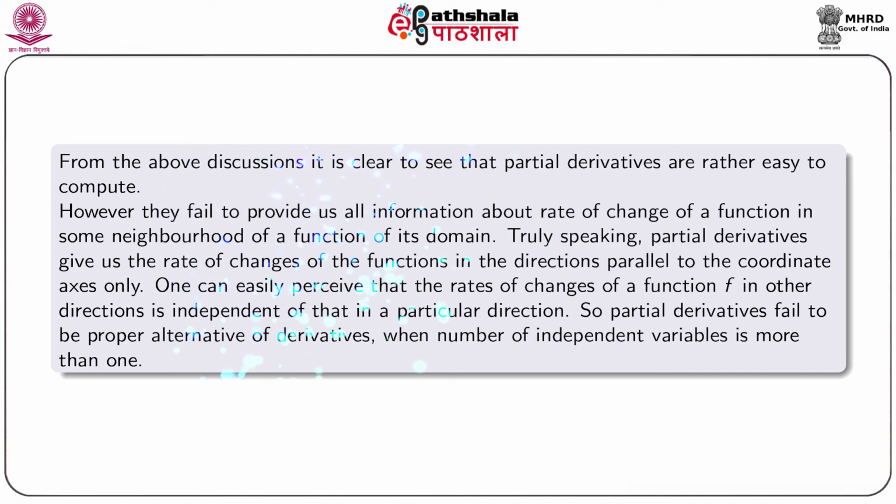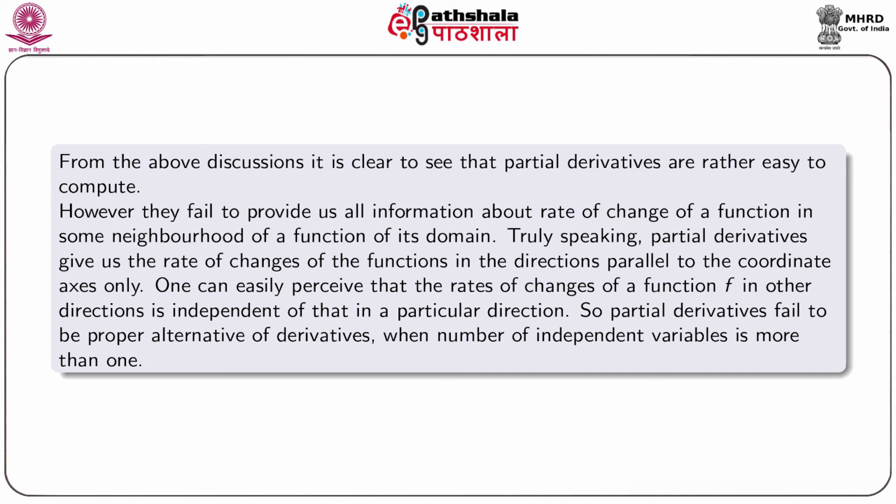Now, it is time to sum up. From the above discussions, it is clear that partial derivatives are easy to compute. However, they fail to provide us all information about the rate of change of a function in some neighborhood of a point of its domain.